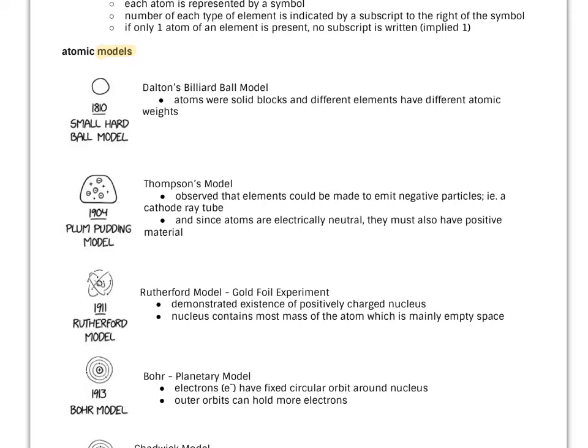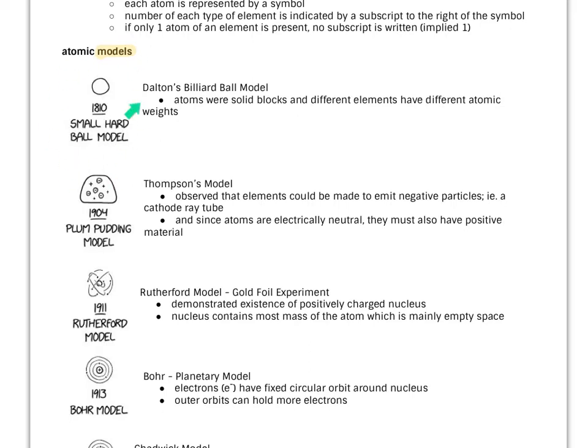So the very first atomic model is pretty primitive, but keep in mind it was made in 1810. So even though 1810, you're kind of like, well, that was only like 200 years ago. A lot has been found out in those past 200 years. So our atomic model has come a long way, as we will see.